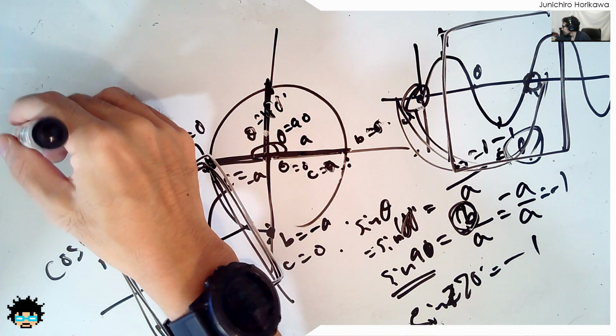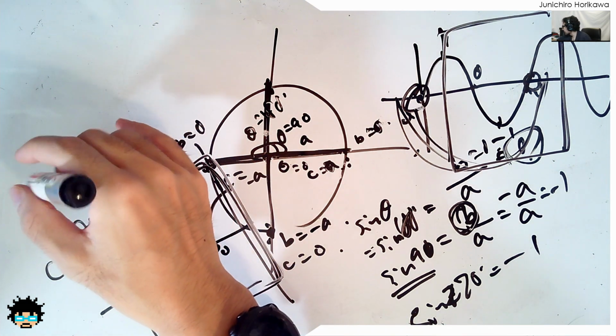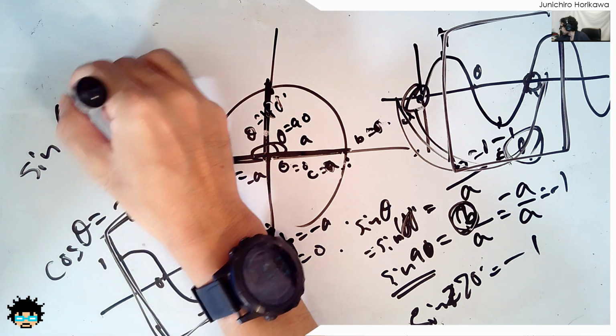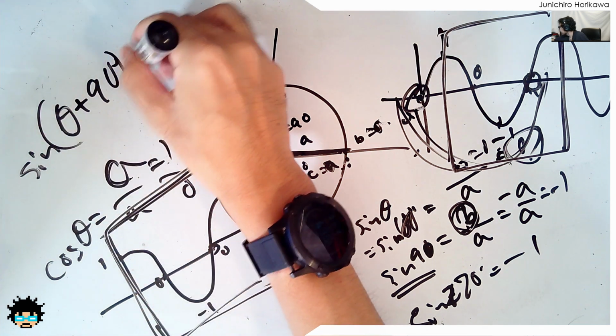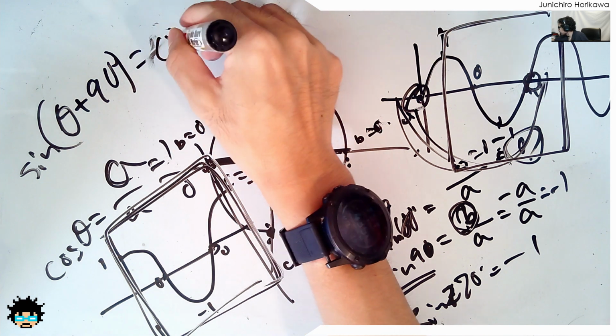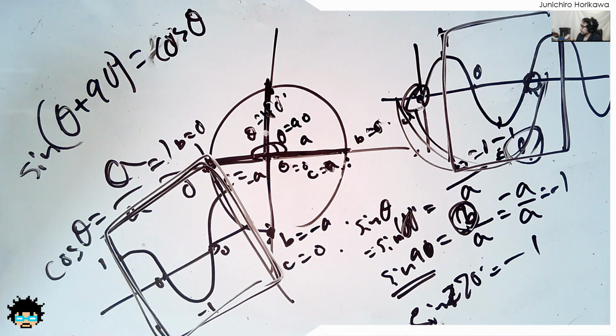Meaning you can also say that sine theta plus 90 degrees is equal to cosine theta. So that's how it's related in terms of the wave functions.